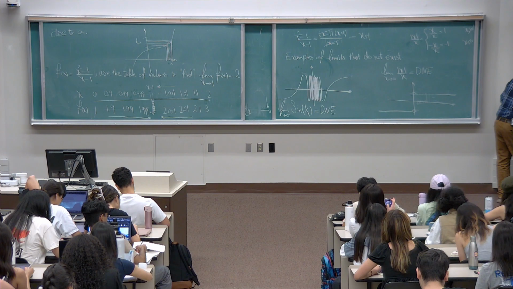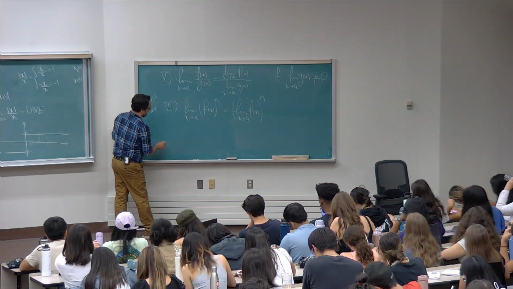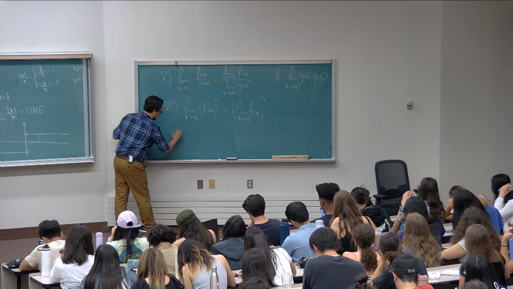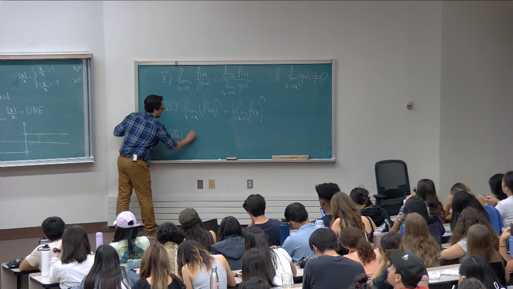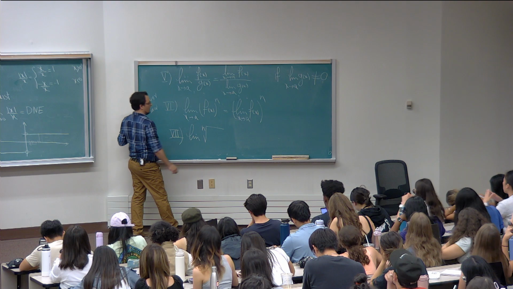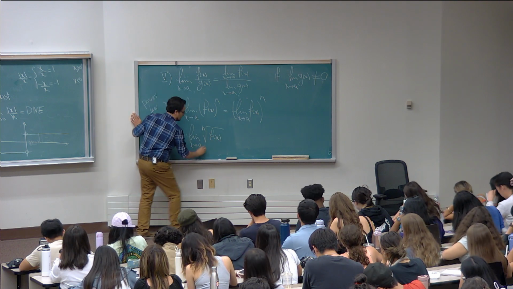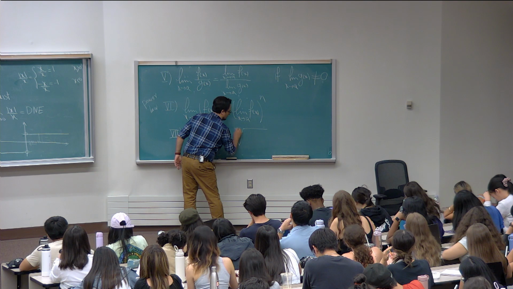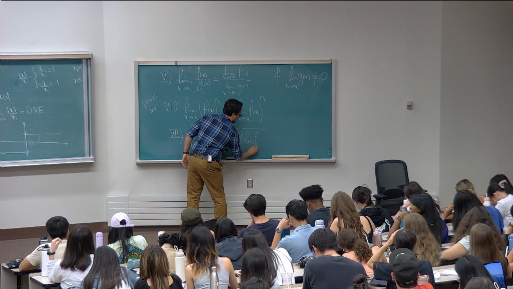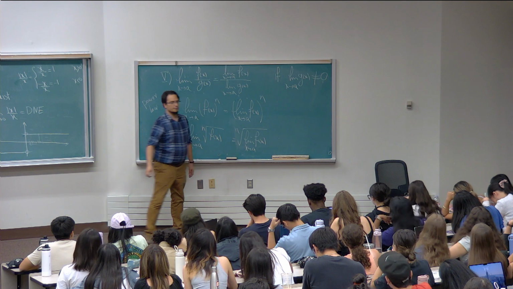And when it is a rational power, so I have nth root of f of x as x approaches a, it is nth root of the limit of f of x.